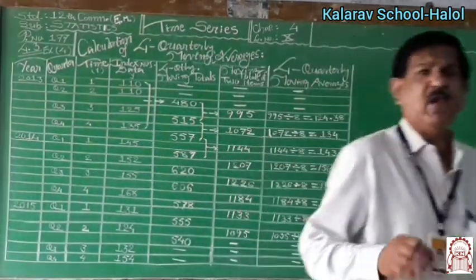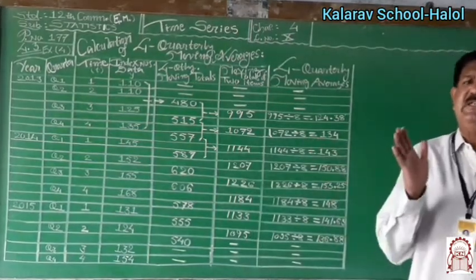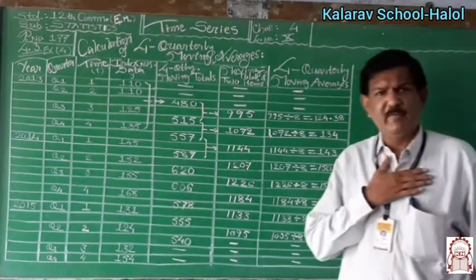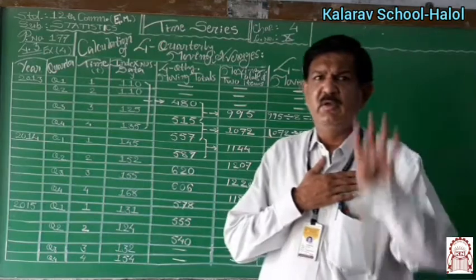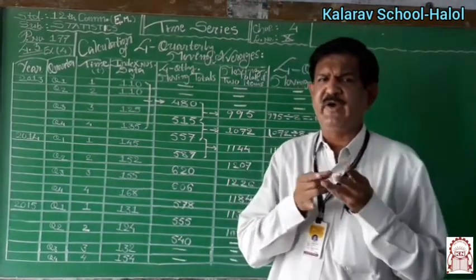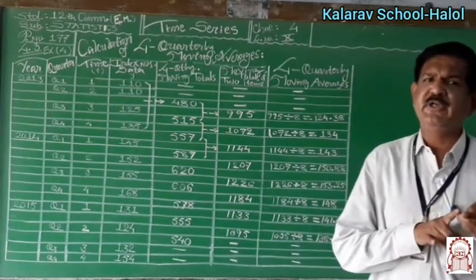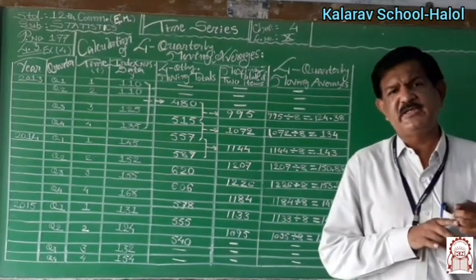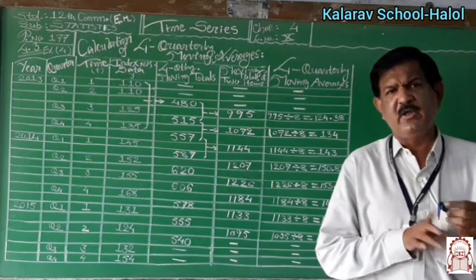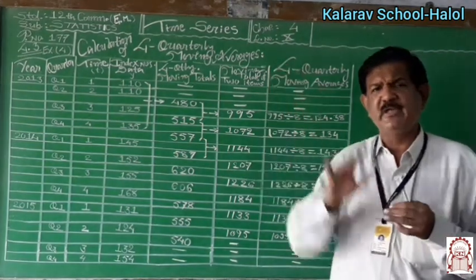This is also one of the important methods in the analysis of time series. In our book, Statistics Part 1, there are 4 chapters: first, index numbers; second, linear correlation; third, regression analysis or linear regression; and fourth, analysis of time series.